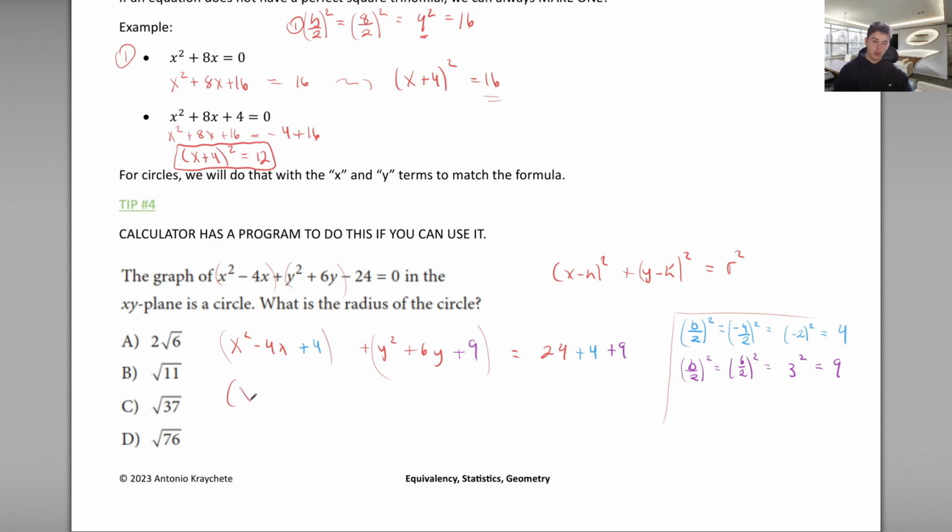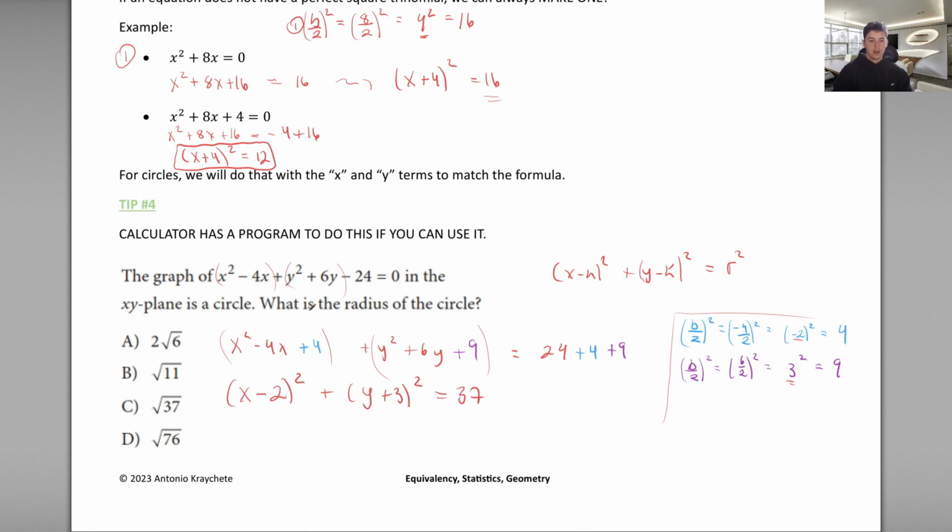So we know that the perfect square is going to follow the pattern x minus, and that's going to be b over 2, which is minus 2, x minus 2 squared plus y plus 3 squared equals 24 plus 4 plus 9 equals 37.